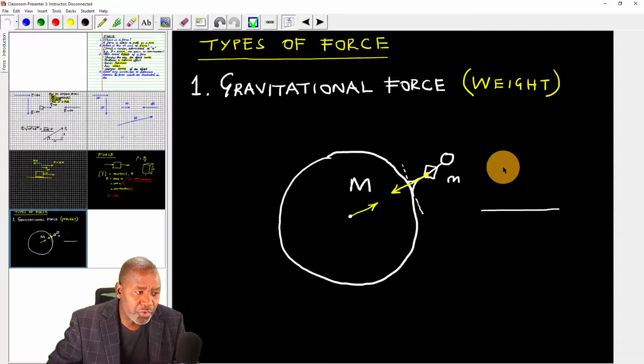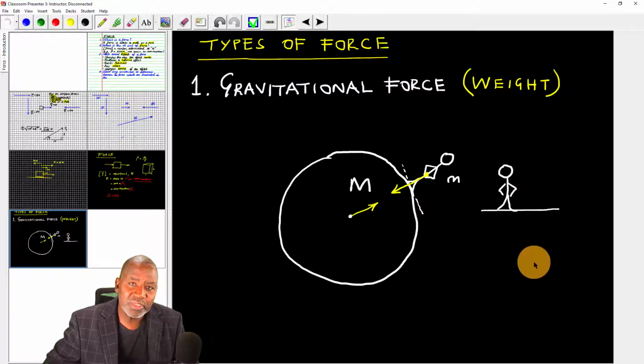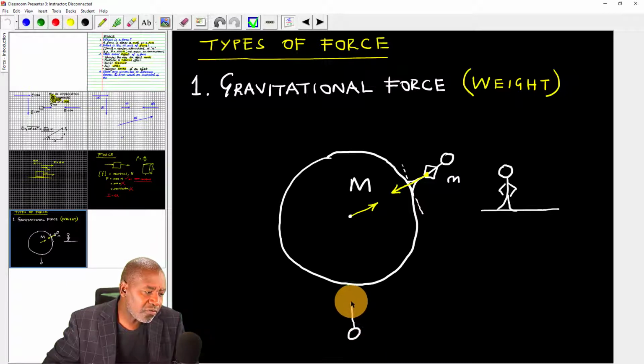And then you always stand like that. And to you, this appears upwards and this appears downwards. But do you know that a person on the other side of the planet, standing on the planet, also views this as being upwards and this as being downwards?